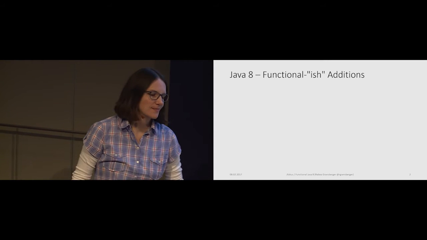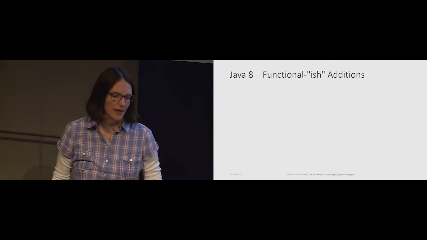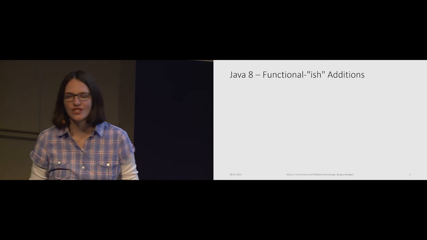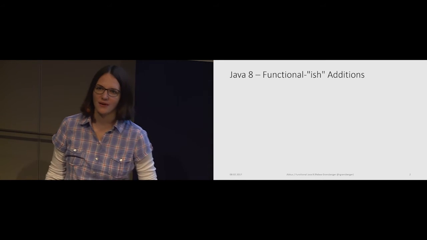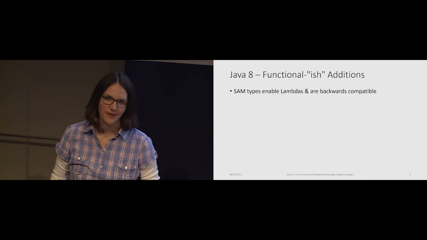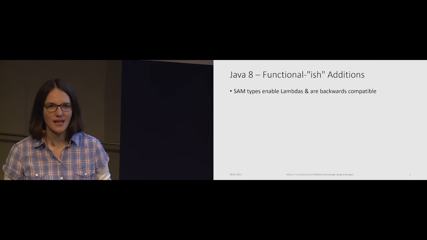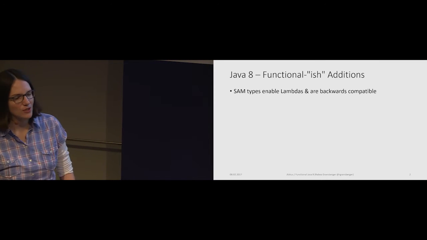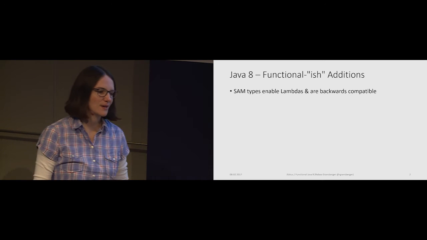And why this talk? Java 8 has some functional-style additions. It's still not a functional programming language, and what they added still isn't really functional. We have the single abstract method types, which now enable us to do something which looks like passing around functions.